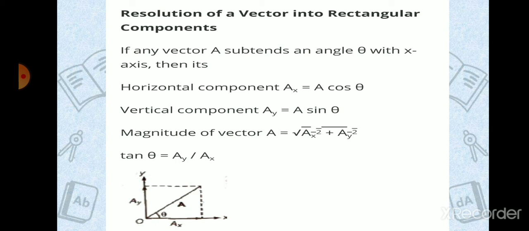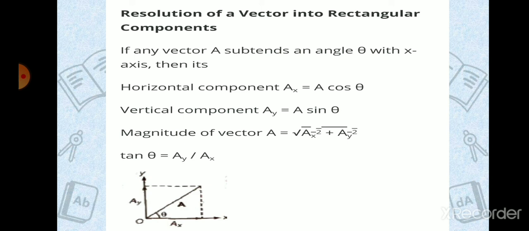Similarly, the vertical component AY is equivalent to A sin theta. If you take sin theta from the figure, sin theta is opposite side by hypotenuse. The opposite side is actually AY. So AY divided by A is equivalent to sin theta, or AY is equivalent to A sin theta.